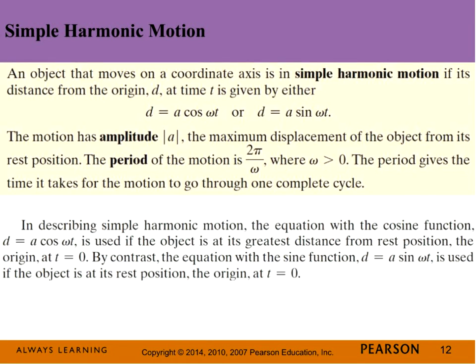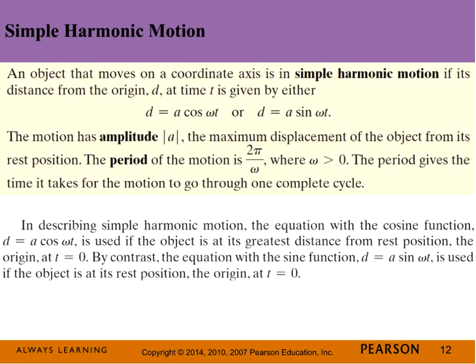Okay, so this is the last type of application problem that we'll look at, not only for this section, but this chapter. This is the last material before you're ready to take your test over this material. So, simple harmonic motion.